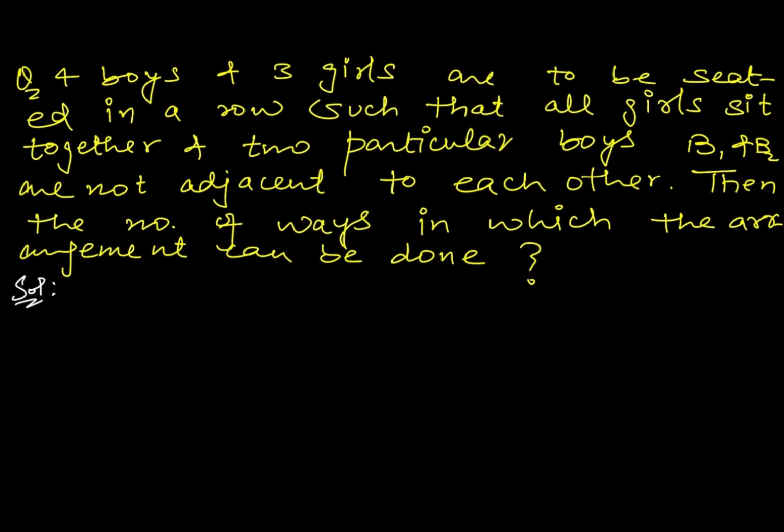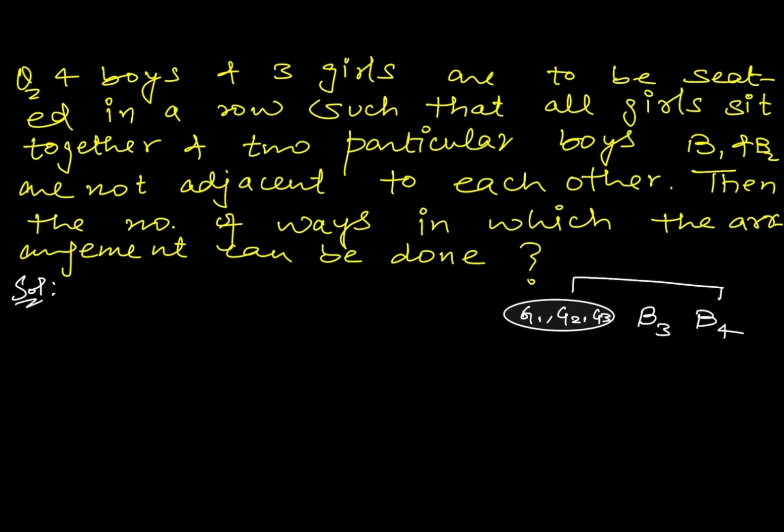So if I use the string method, with a string I can tie G1, G2 and G3 so that all girls are together, and say B3 and B4 are free from restrictions. So there are three units. One unit is having G1, G2, G3, and the second and third units are boy 3 and boy 4.